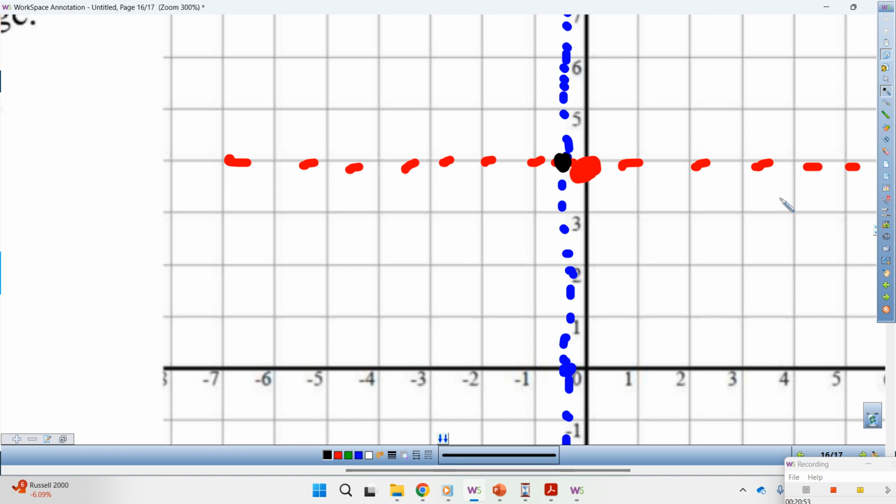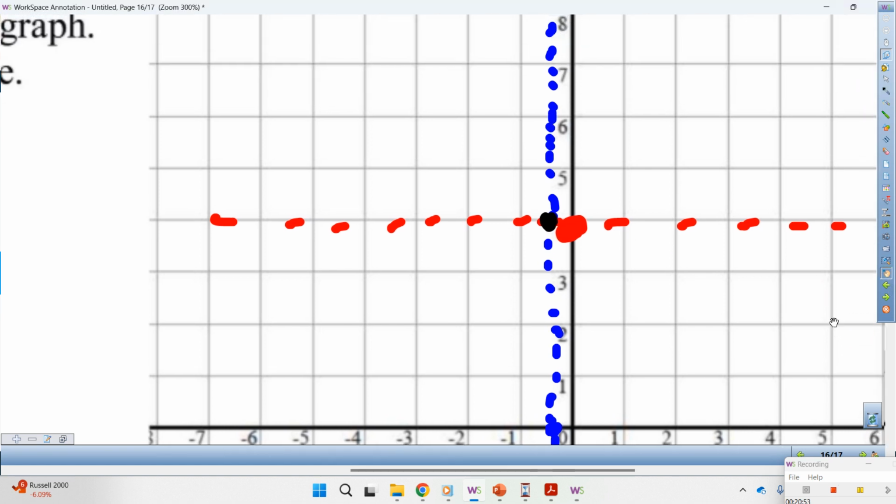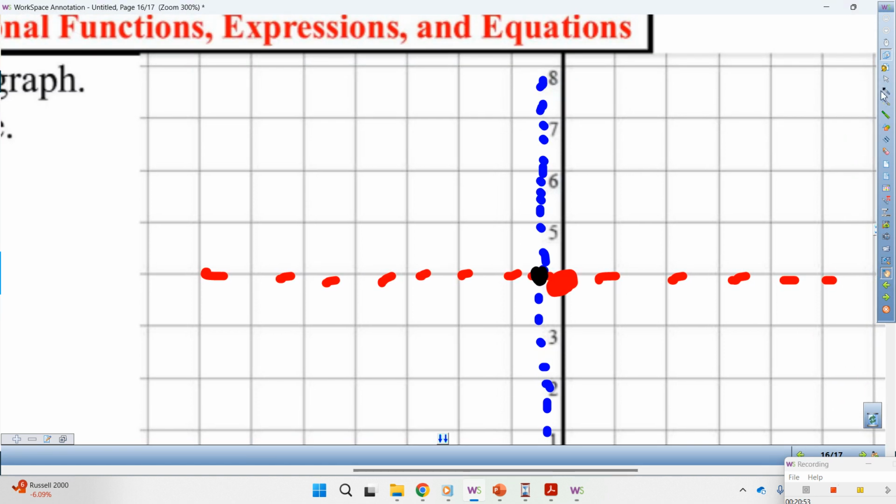So 1/3 to the right, or 1 full step to the right. So we're at negative 1/3. So we go that direction over here to about right there. And 3 up, you said? That is correct. Right there.